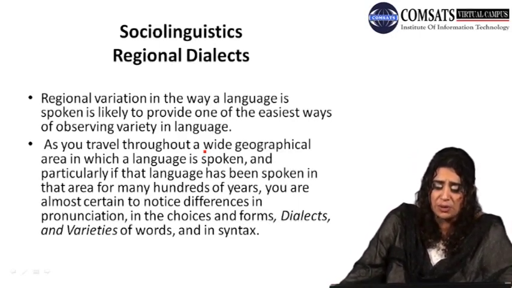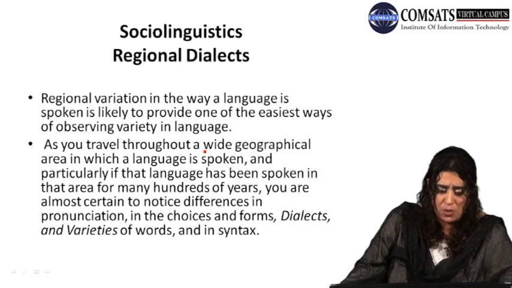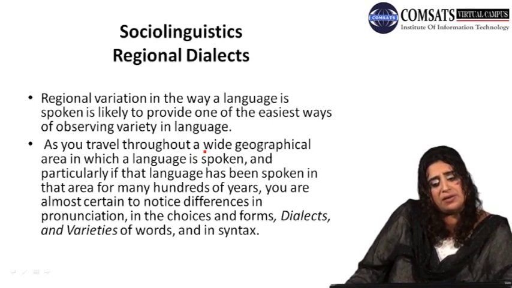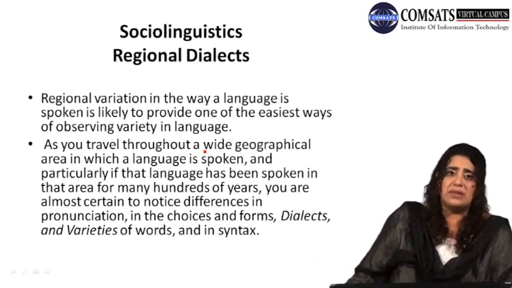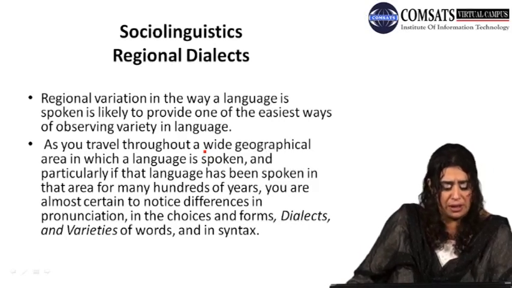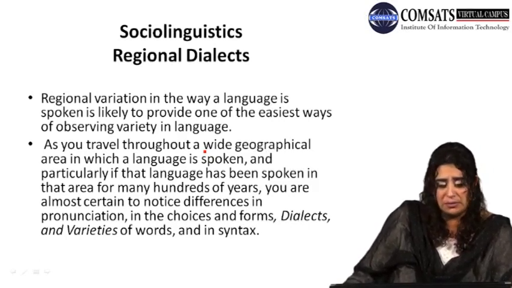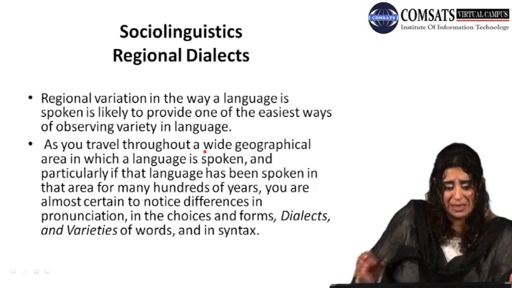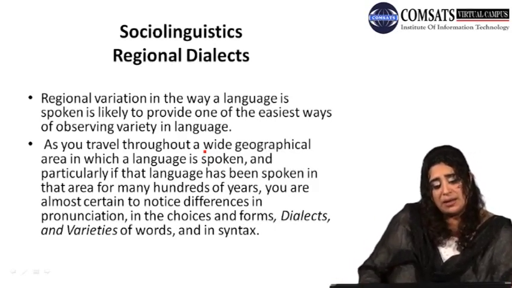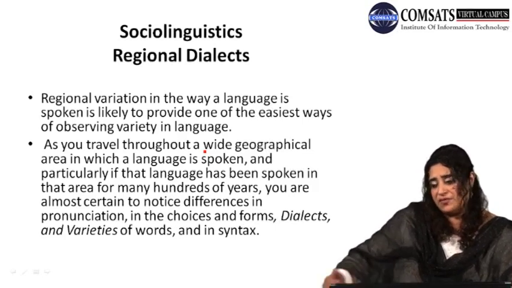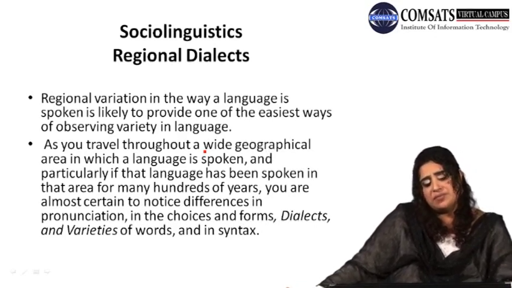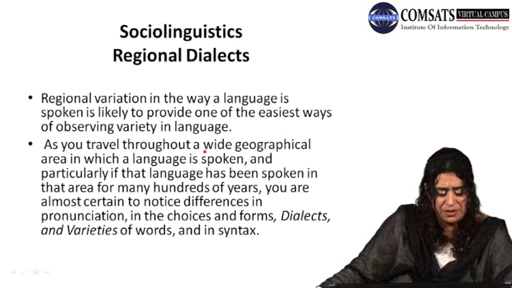So when we say that, throughout a wide geographical area in which a language is spoken, particularly if that language has been spoken in that area for many hundreds of years, like Urdu or Arabic for hundreds of years, then you can see that different people in the Arab countries have different pronunciations, and sometimes a different variety.